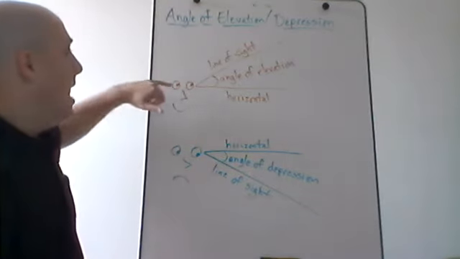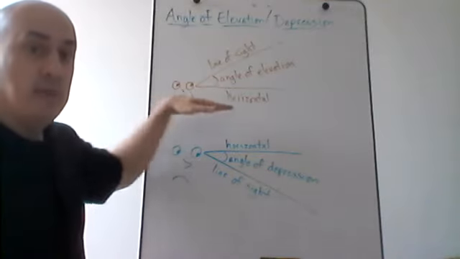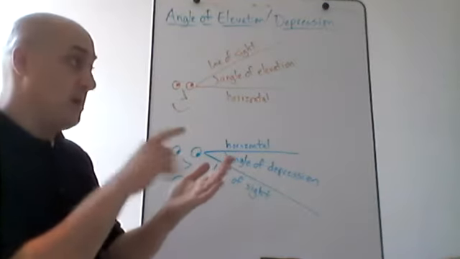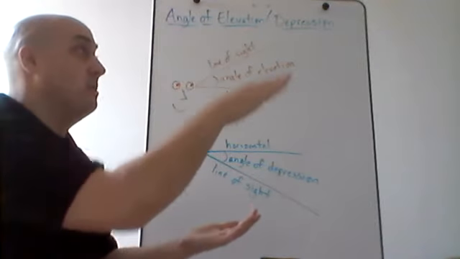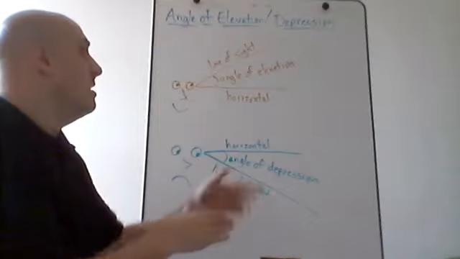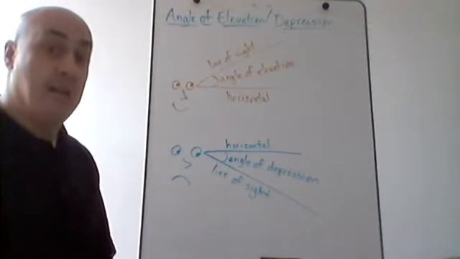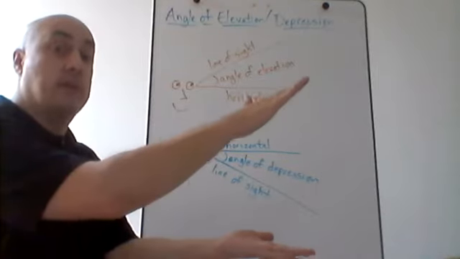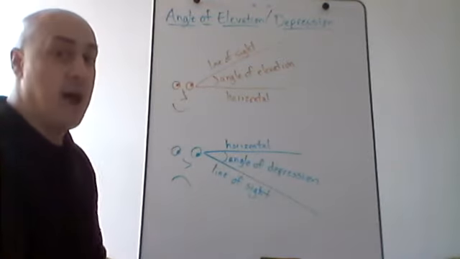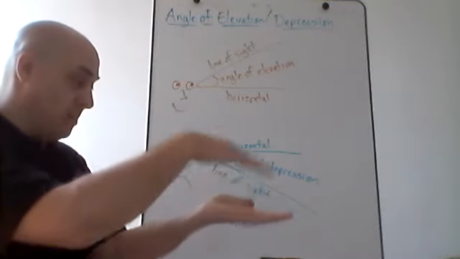So for the angle of elevation, we have our horizontal, straight across from our eye level. The line of sight is the line directly from our eyes to whatever we're looking at. If that line of sight is above the horizontal, the angle between the horizontal and the line of sight is the angle of elevation. Elevation means looking up or going upwards. The angle of depression is when we're looking below the horizontal.